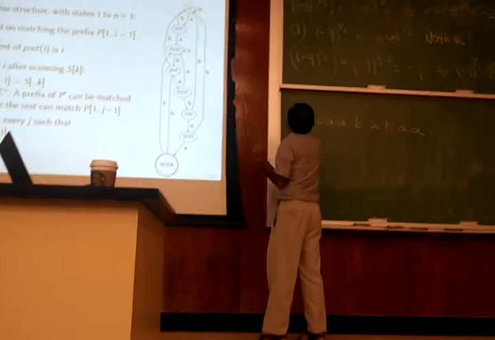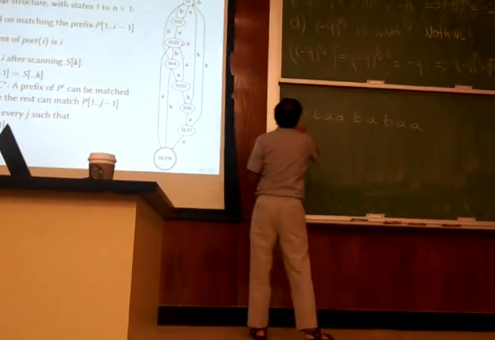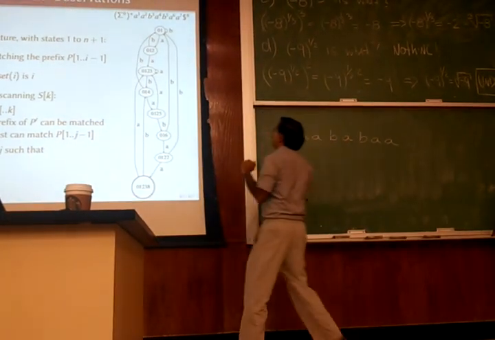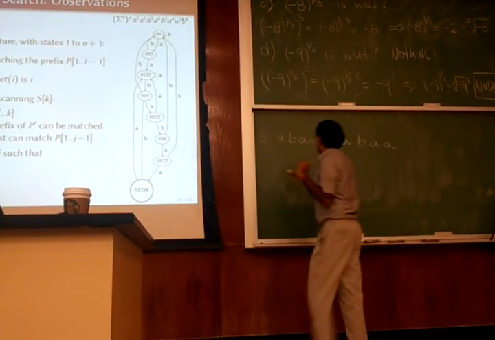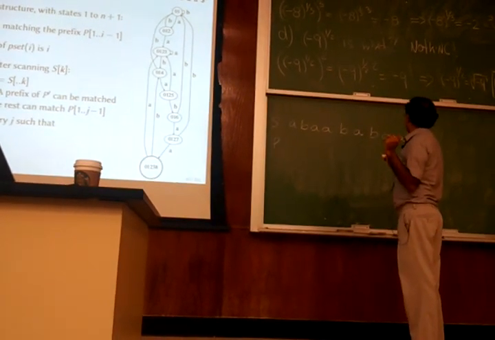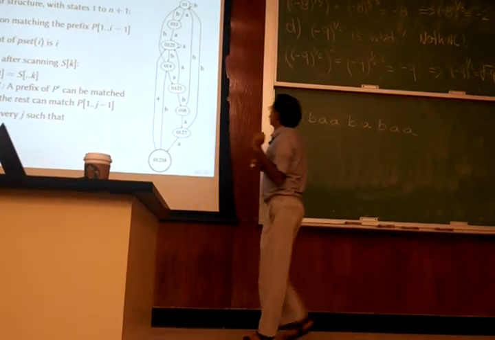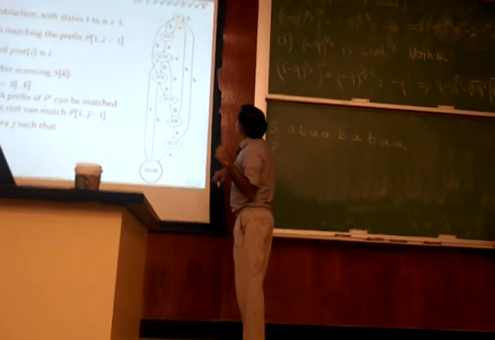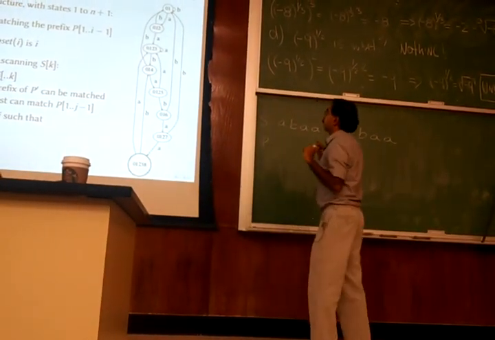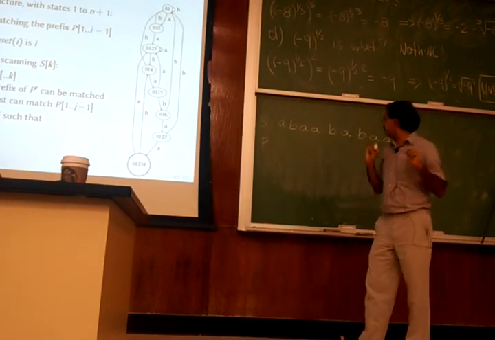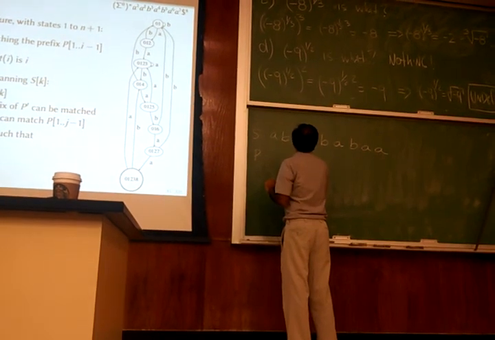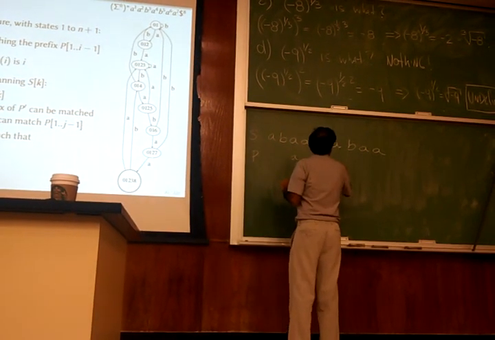Let's say this is our S, and our P is of course given there, A, B, A, and let's say we are at this state, which means that we have seen the first 4 symbols, AABA.